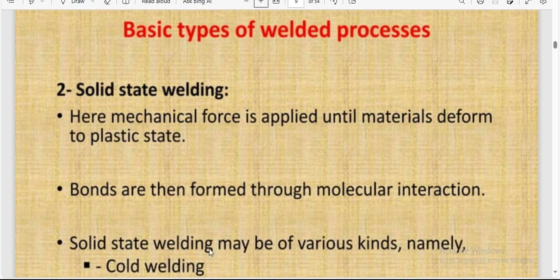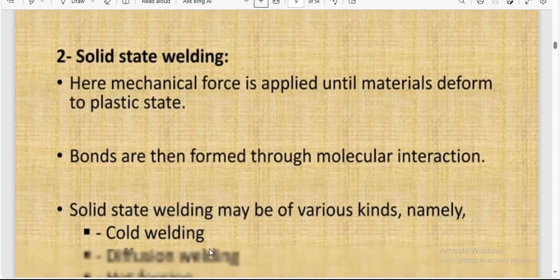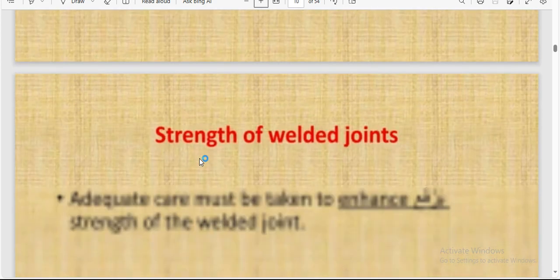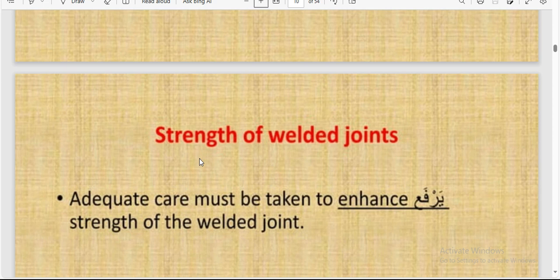Solid state welding may be of various kinds, namely cold welding at low temperature, diffusion welding, and hot forging. Those three types are categorized under solid state welding processes. So the welding process is done in liquid state and solid state, the two basic types of welding process.